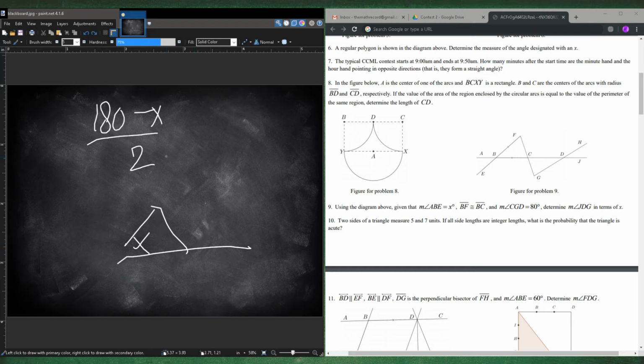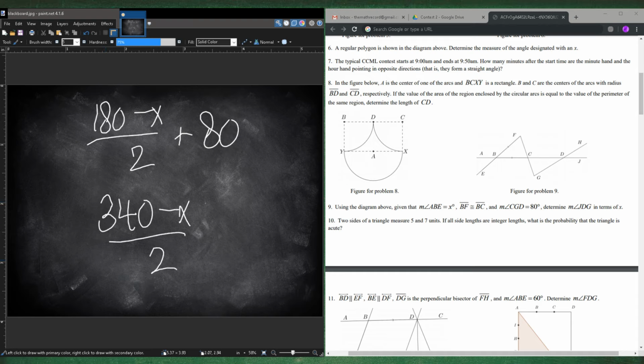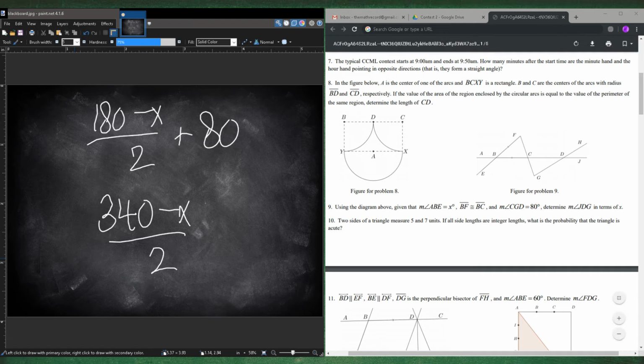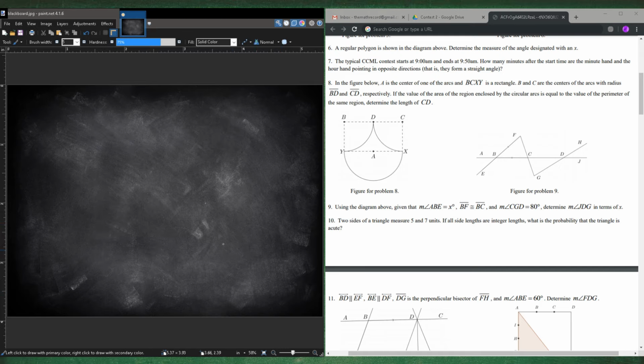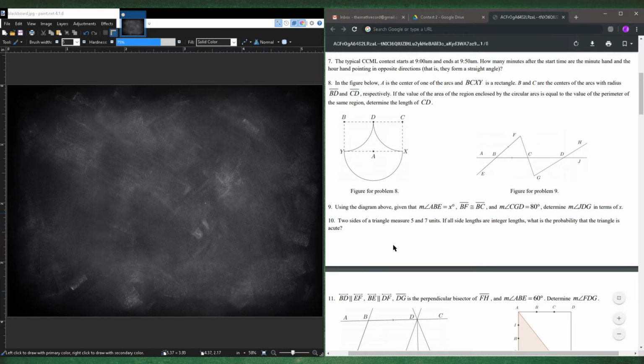So you just have 180 minus x divided by 2 plus basically 80, and you'll get the answer. So that's 160. That gets 340 minus x over 2 is equal to angle JDG in terms of x. So that's the answer. You can also simplify this to say 170 minus x divided by 2. The answer is basically still the same. I just prefer to make it all into one.